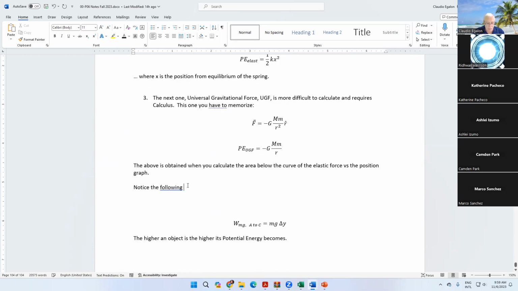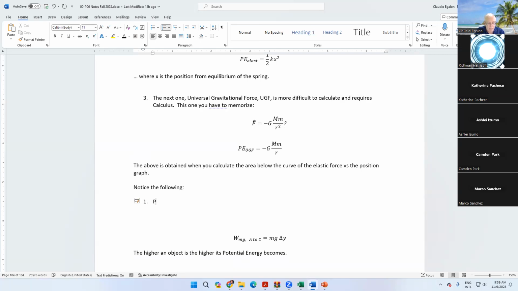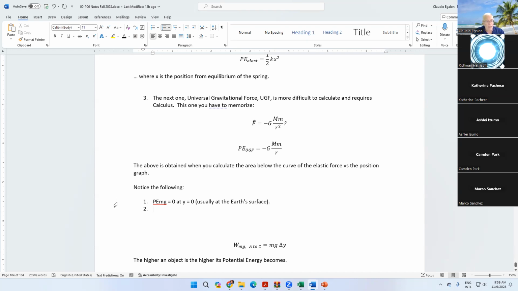Notice the following. One, PE due to mg is equal to 0 at y equal to 0, usually at the Earth's surface.